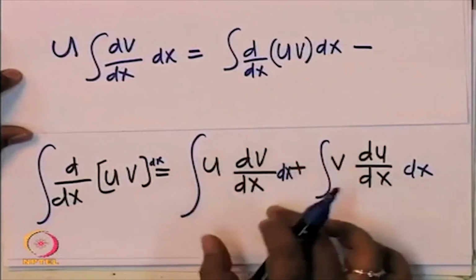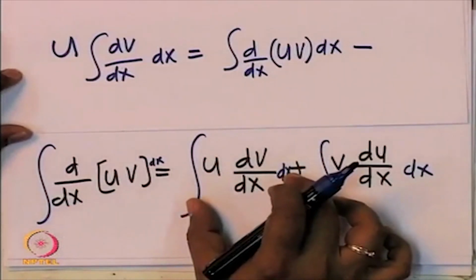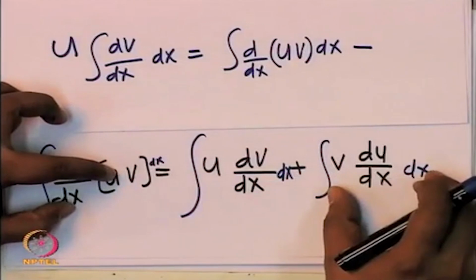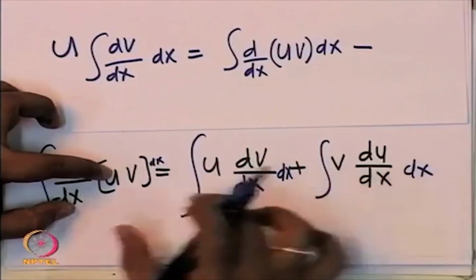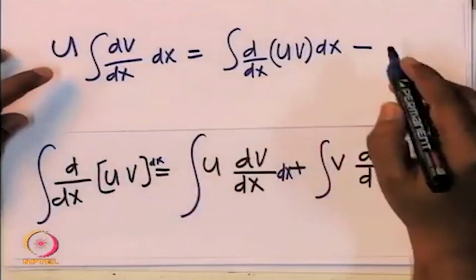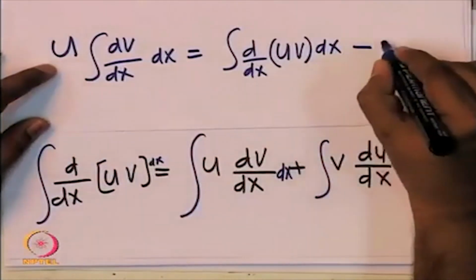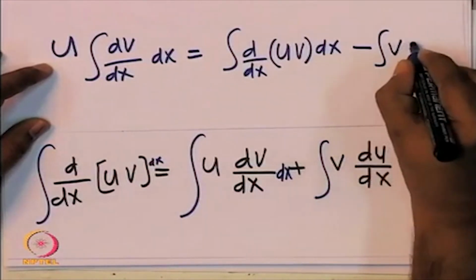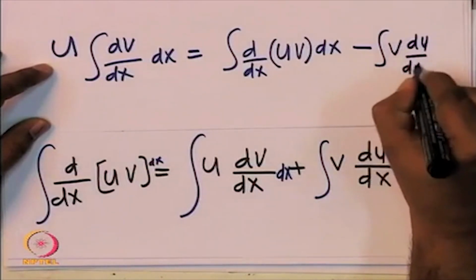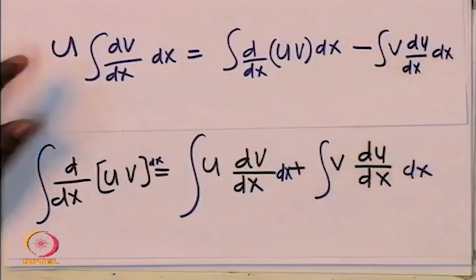I just rearrange the terms: this is equal to this minus this, which is the integral of v du by dx into dx.